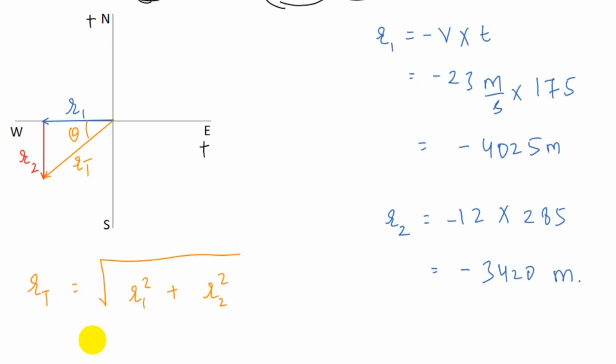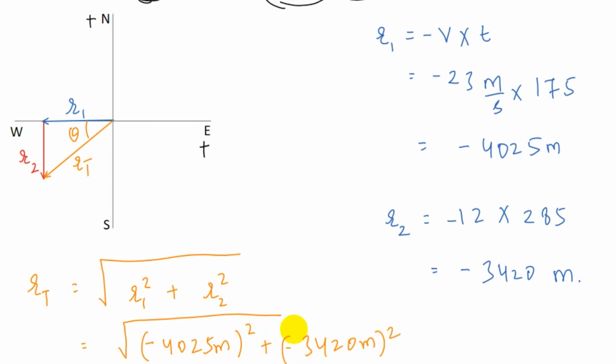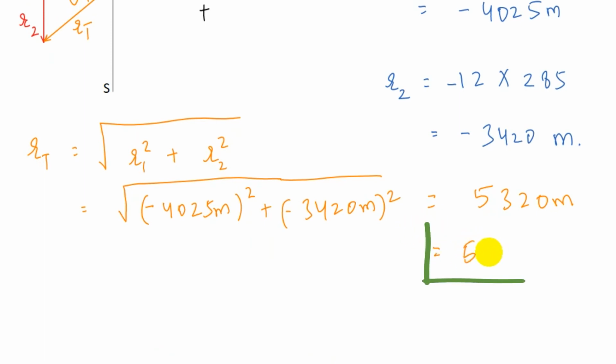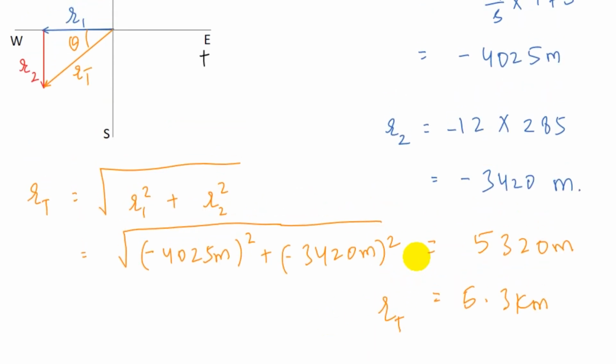Now we can put in the values. So the square root of minus 4025 meter squared plus minus 3420 meter squared. This value comes out to be nearly 5320 meters, or you can write this answer as 5.3 kilometers. So this is basically the magnitude of your total displacement.